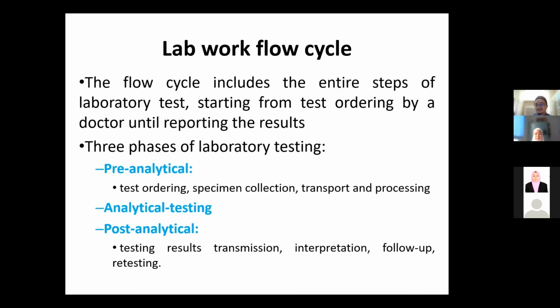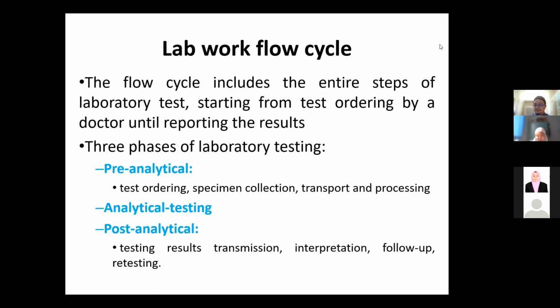And then results that are acceptable will be transmitted, we should relay the results back to those who ordered them. So how do we do that? Okay, and then follow up and retesting. There are cases where we need to reject a particular test, maybe because of the specimen.